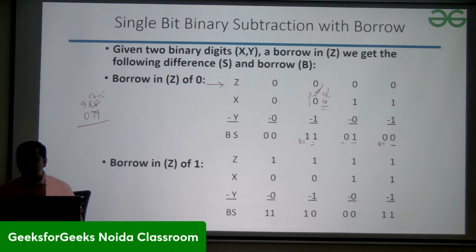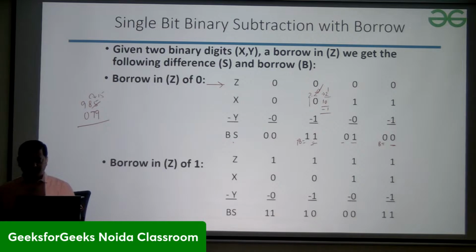And if you subtract anything from 1 0, that is 1, your result is going to be 1. 2 minus 1 is 1. And you have taken borrow, that's why borrow is 1 here. All right. 0 minus 0, there is no borrow, no result. Is this clear? Okay.